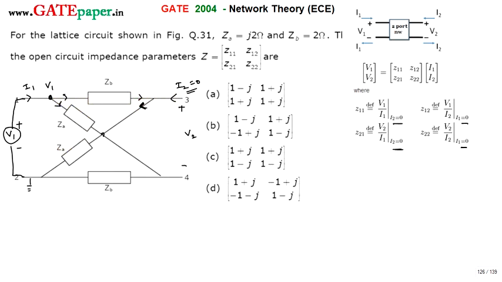So this current goes through ZB and next ZA, and comes back to ground. Next current is this one. It goes through ZA, and since I2 is equal to 0, it won't go that side. It comes into this side, the same current, and comes back to ground.